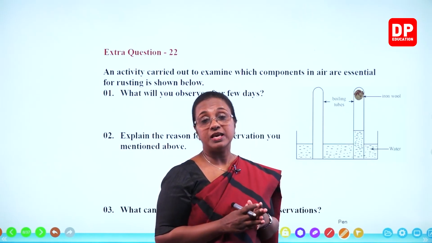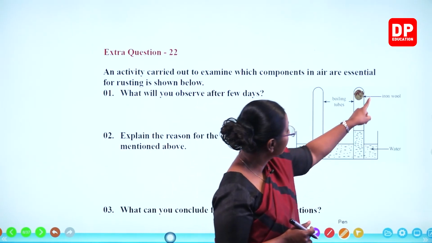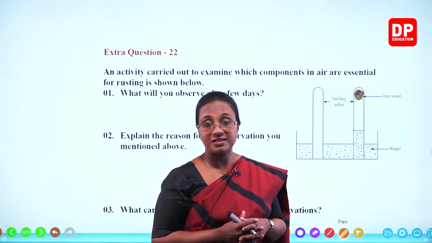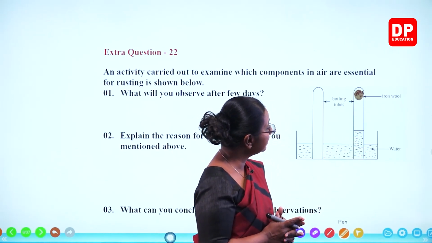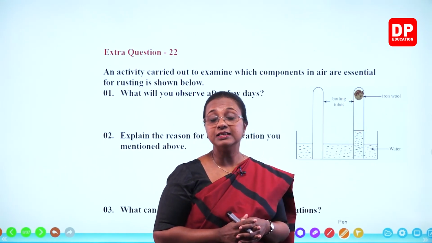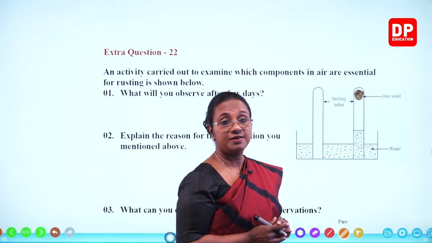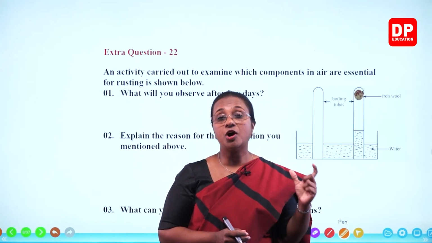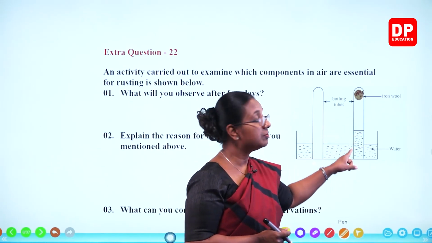And after a few days, when you observe, what will you see? You will see the iron wool would have rusted, and also the water level would have risen inside the boiling tube that has the iron wool. And if you look at the total volume, you will see this is about 1/5 of the total volume of air inside the boiling tube.